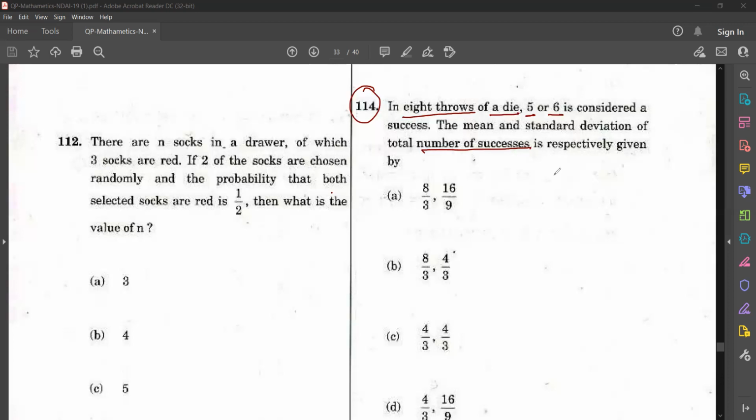Did you get the answer? So this is a trial, isn't it? What is the formula for finding the mean of a trial? That is NP. Remember? NP.